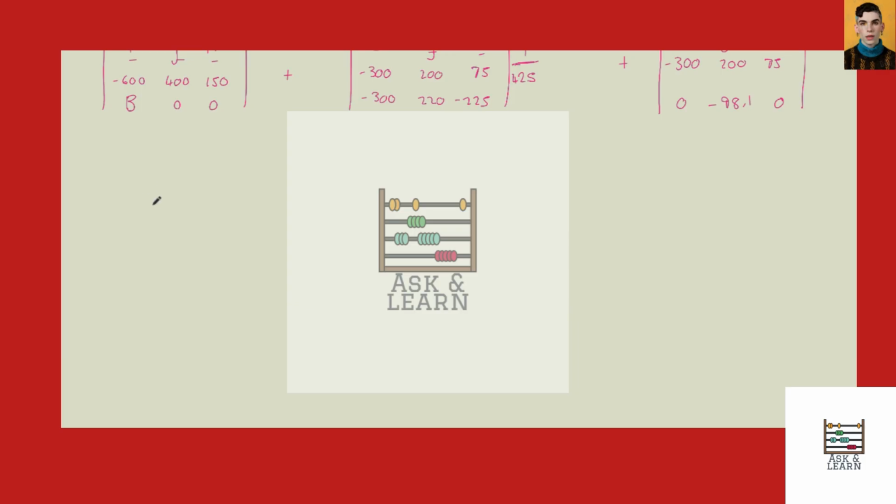So let's solve these cross products and write down each component one at a time. So the I components give us minus 105.88 minus 35.29 times T plus 7,357.5 is equal to 0.